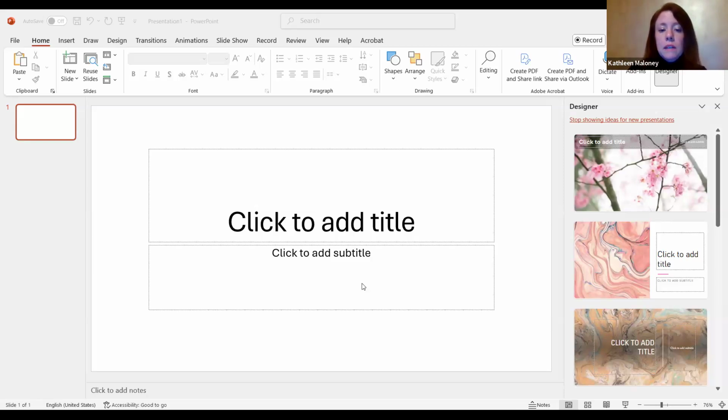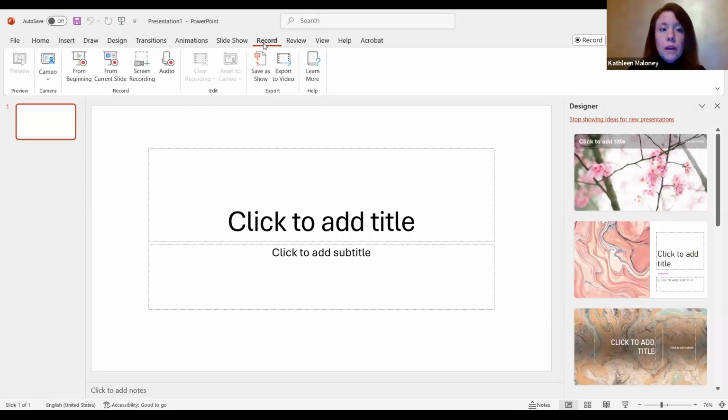Once you've completed the PowerPoint and you have it the way that you would like to present, and you're ready to record the PowerPoint, you will go up to record and you will record it from the beginning.